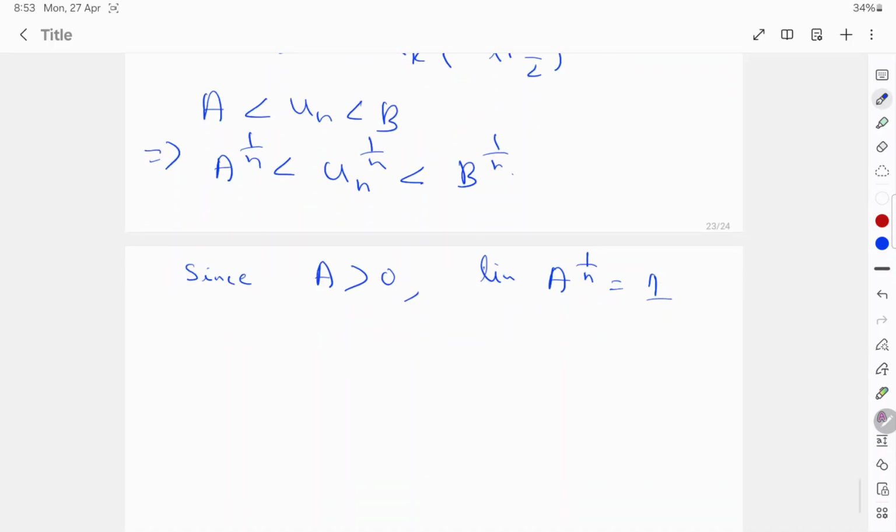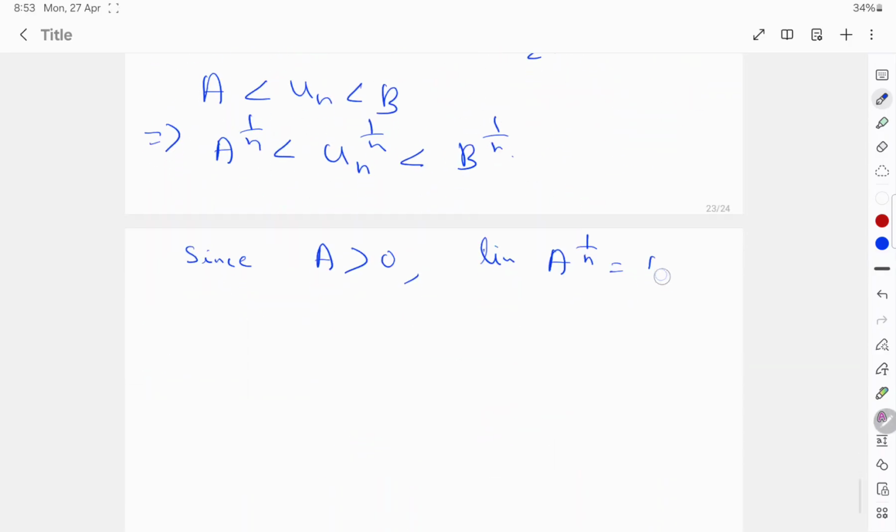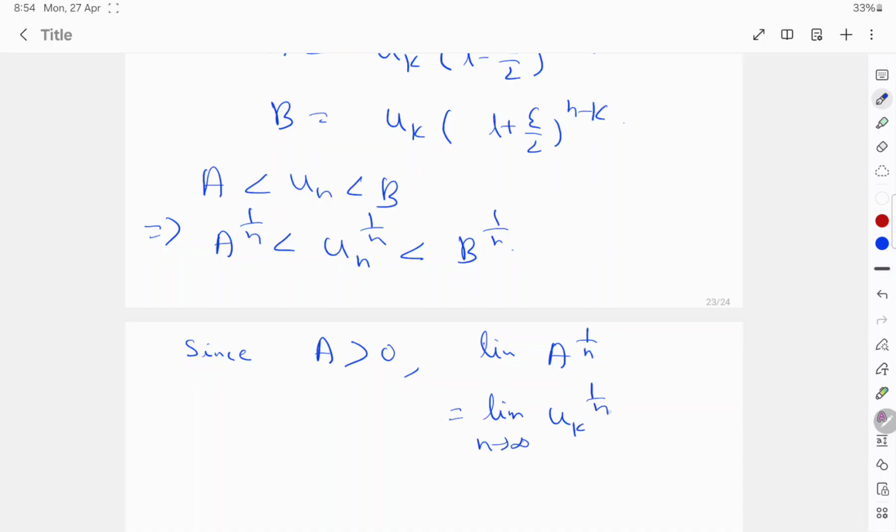Okay, similarly, no, this is not a to the power 1 by n. So a greater than 0, this is fine, but what is your a to the power 1 by n term? So this is basically limit uk whole to the power 1 by n.